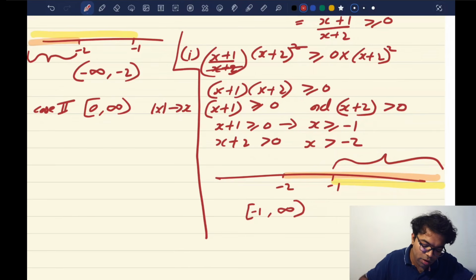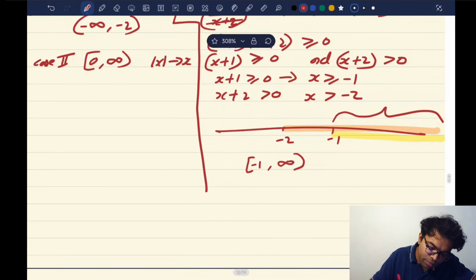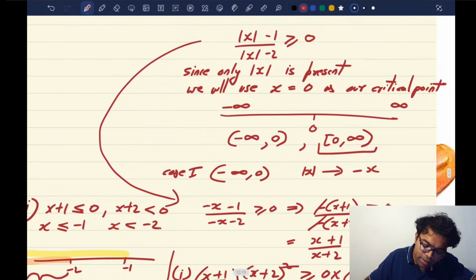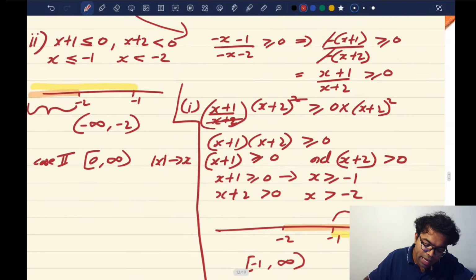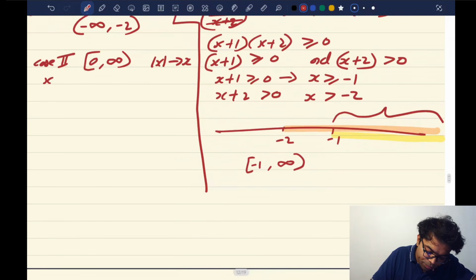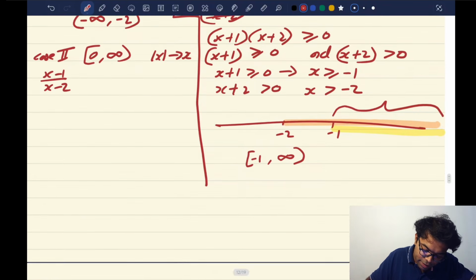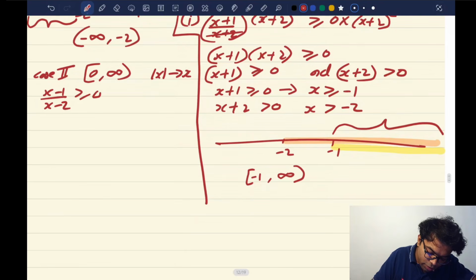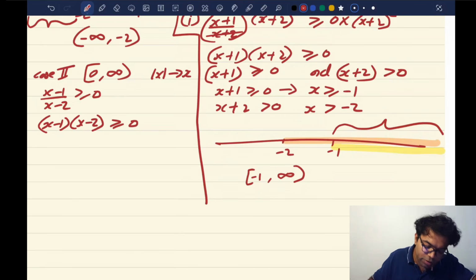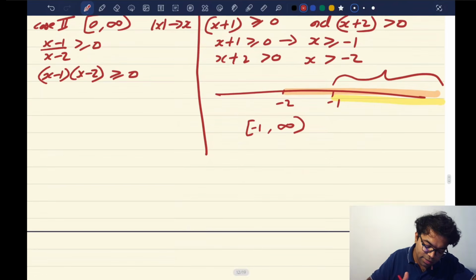So this whole formula can be written as (x minus 1)/(x minus 2). (x minus 1)/(x minus 2) should be greater than or equal to 0, right? I can write it as (x minus 1) into (x minus 2) should be greater than or equal to 0 by doing all those cut and other stuff.